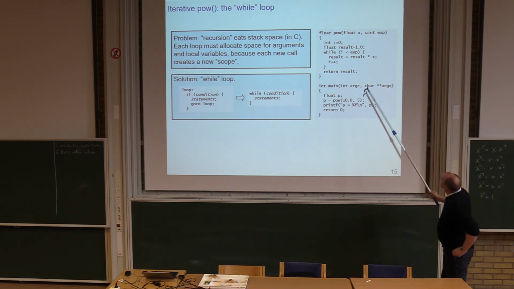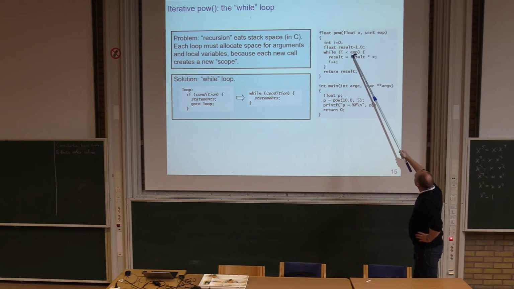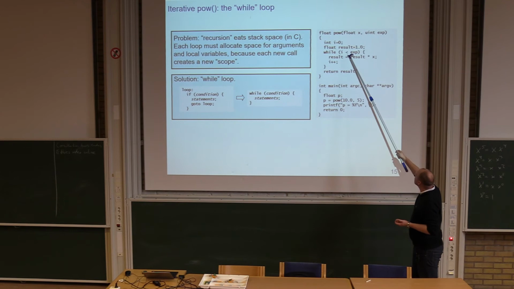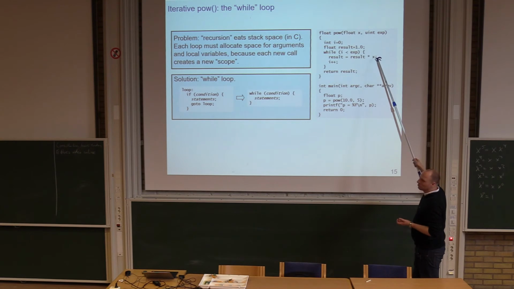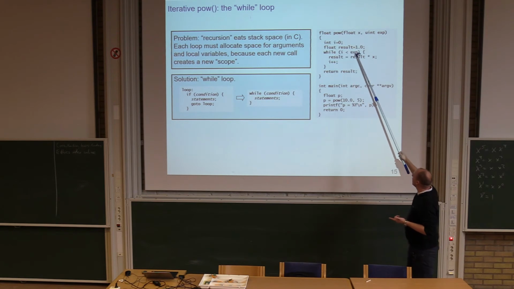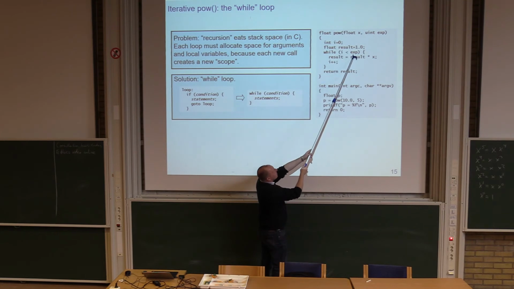So, for example, here if we get x and exp like before, we declare an integer variable i, and then we get some initial result, initialized to 1, and then while i is less than exponent, we set the result equal to the result times x, and then we increase i by 1, right?